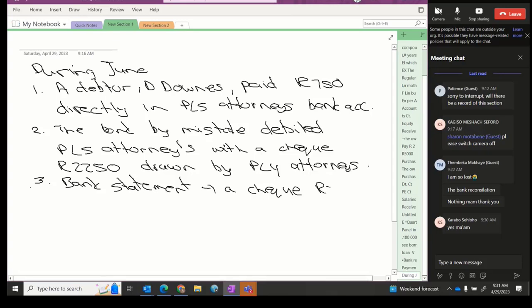I see these days they refer to EFTs, but doesn't matter. The principle stays the same. A check of 300 Rand. That's actually why I want to do this. As I say, I'm not sure if they still do it, but it used to be a question everywhere. A check of 300 Rand received.